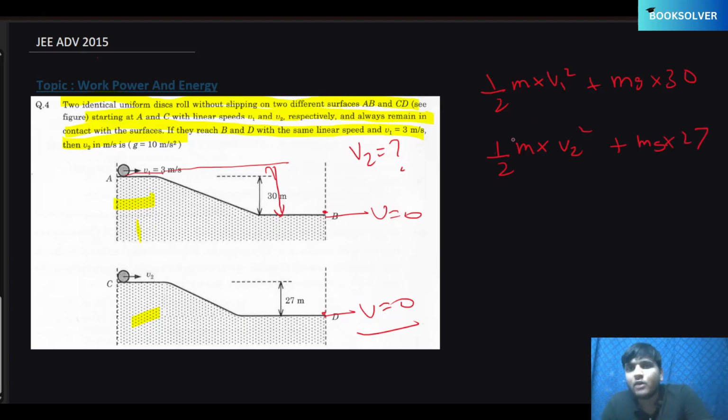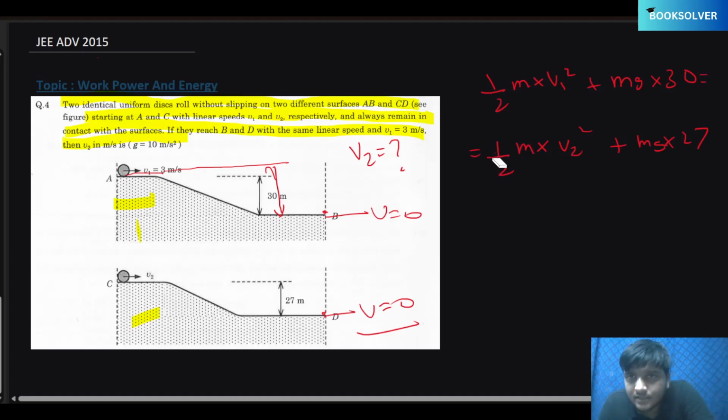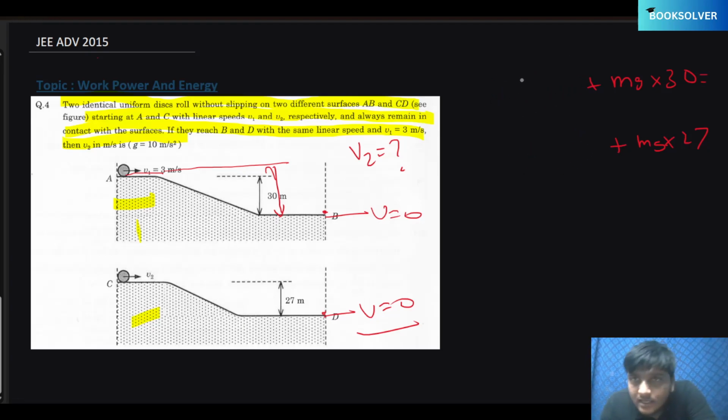Now I have to equate both of them. But I should not write it like this, because the kinetic energy will not only be half m v square, since they are not simple particles. They are also performing rolling motion.